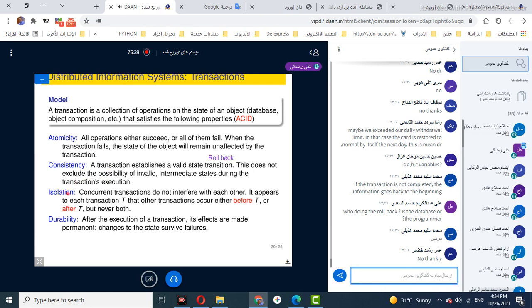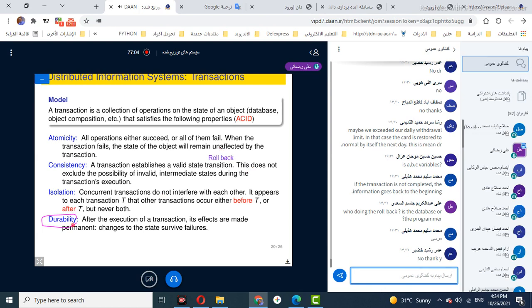Another thing here is durability. It means that after the transaction is completed and committed, the result should be permanent, should be written to the database, and should be permanent.